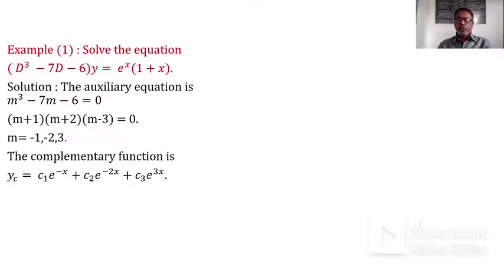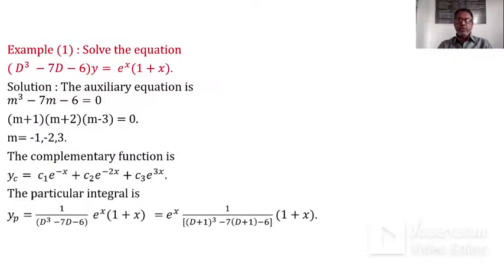Now we want to see how to find the particular integral yp is equal to 1 upon f of d operate on p of x, or this is equal to 1 upon d cube minus 7d minus 6 operate on e to the power x into 1 plus x.